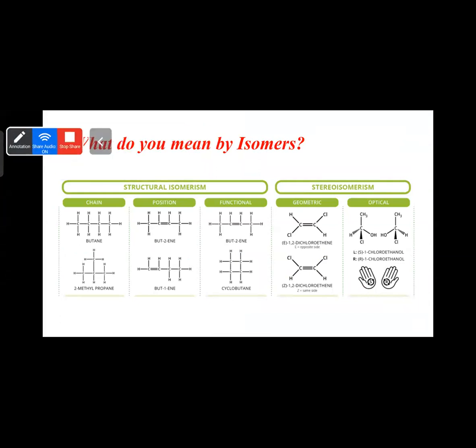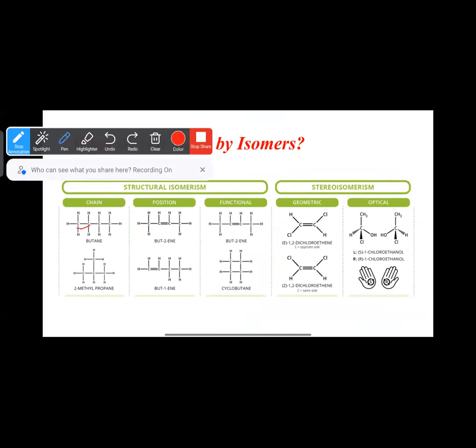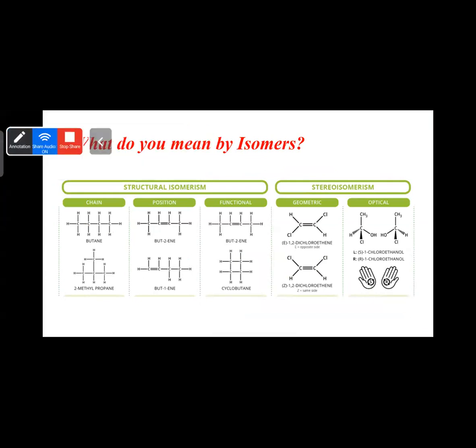So the number of carbon atoms is 1, 2, 3, 4 in each. The number of carbon atoms is the same, but their structure is different in different forms. Therefore, they are called isomers.